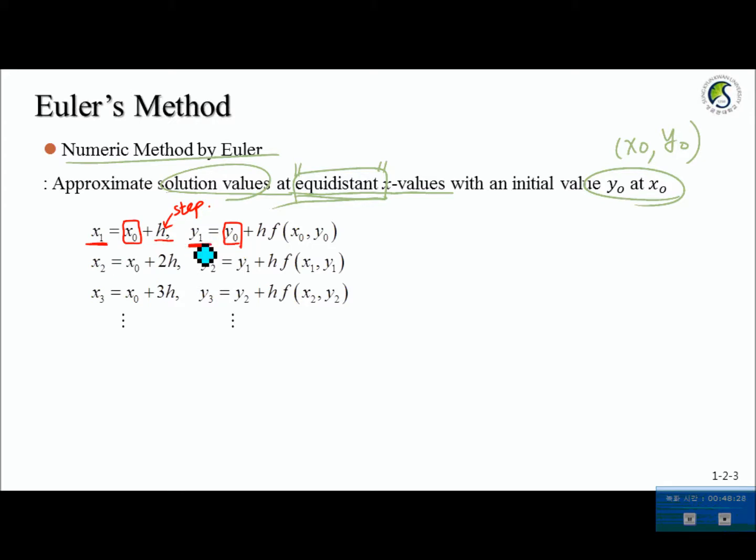And then the corresponding y1 is actually an estimating value, right? It's not true y. It's an estimating value. Let me put a tilde as an estimation.